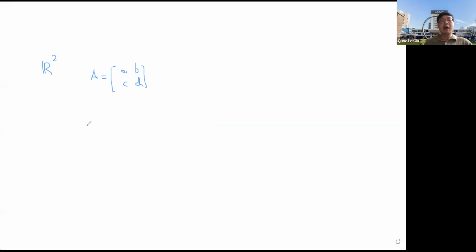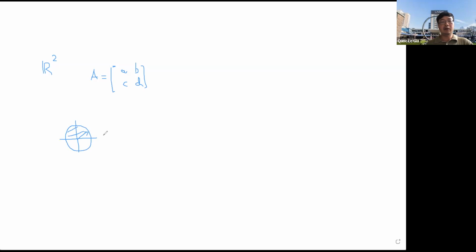Okay, so now suppose I take a circle. So this one is like a unit circle, right? Then maybe I take everything inside the unit circle. So I take all the vectors inside the unit circle. So suppose this is a vector in the unit circle.